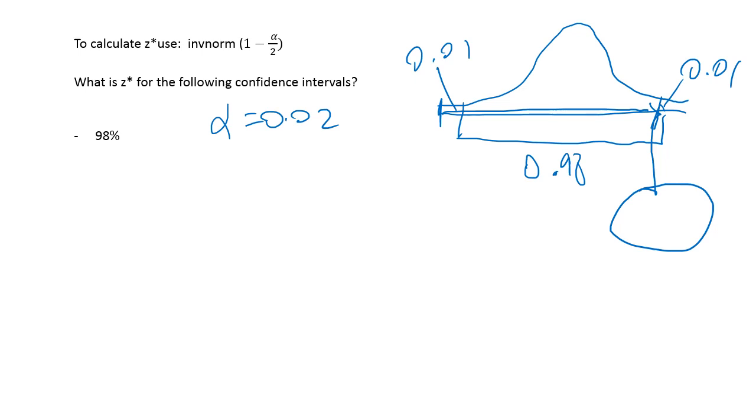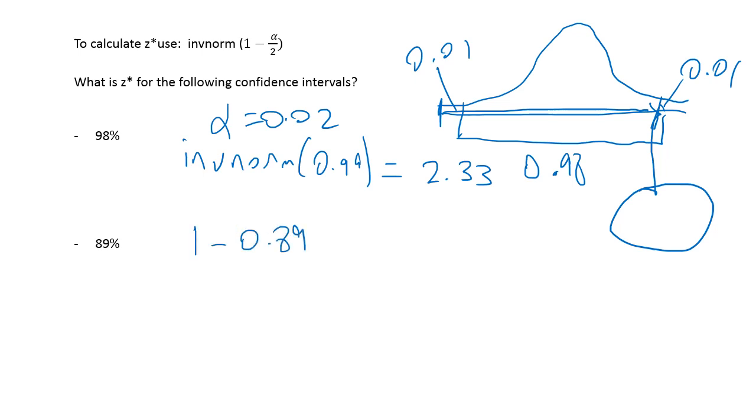So to find this one, it is inverse norm 0.99, which equals 2.33. The other one for 89, well, 1 minus 0.89, to show you a different way to think about this, equals 0.11.